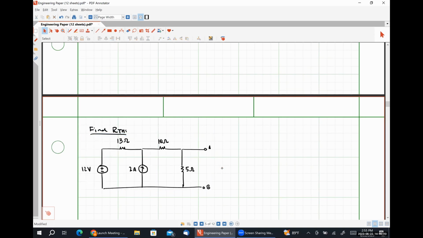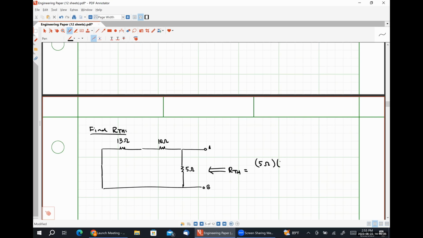So I'm going to look into this set of terminals. With my current source turned off, which means it's open circuited, and my voltage source turns off, which means it's short circuited, this is going to be 5 ohms in parallel with 23 ohms.